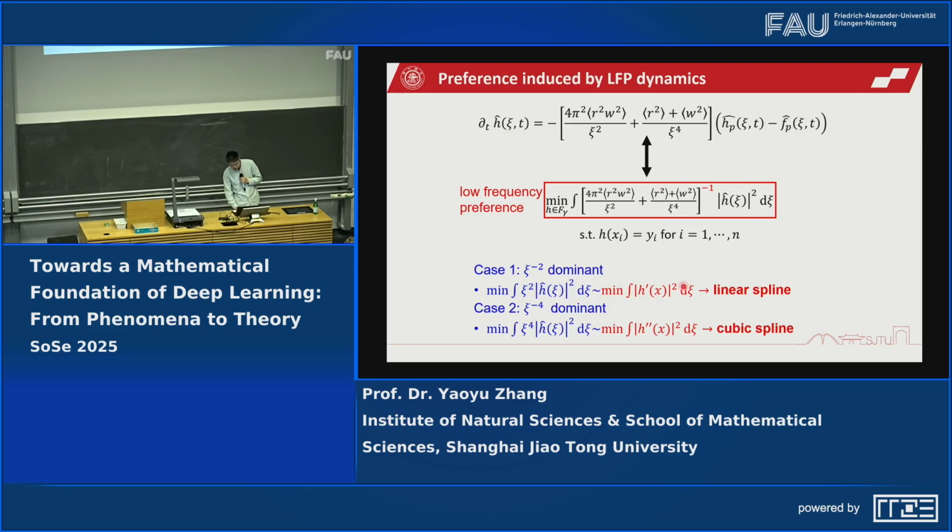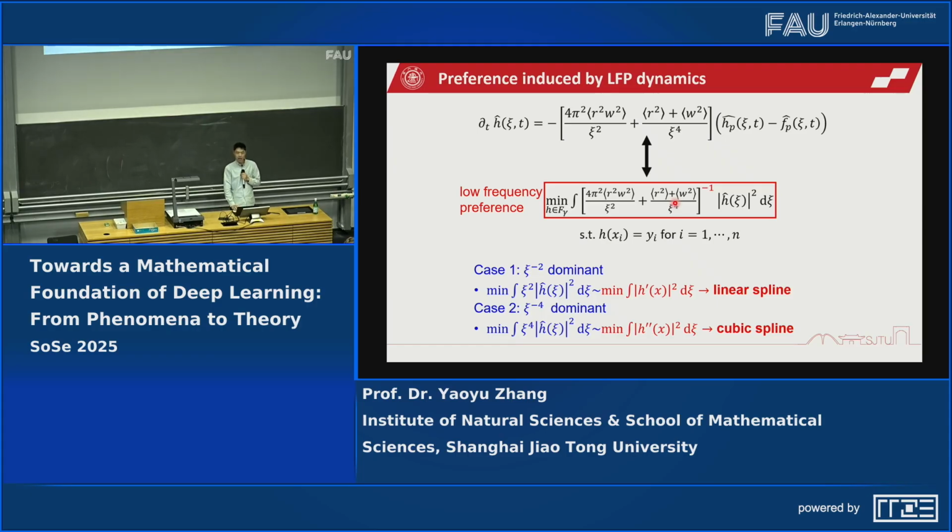Okay, so for this linear frequency dynamics, in a very specific case, you can rewrite this FP norm in the original domain, the spatial domain, where you get, for example, minimizing the square of the derivative, or minimizing the square of the second derivative, which correspondingly give you linear spline or cubic spline. What you can see is that this xi to the fourth is a faster decaying rate.